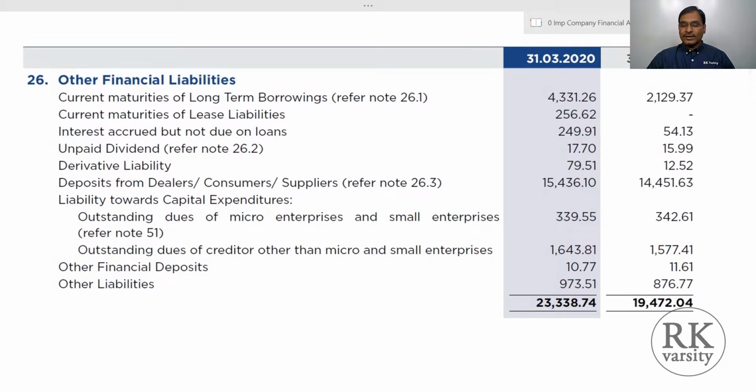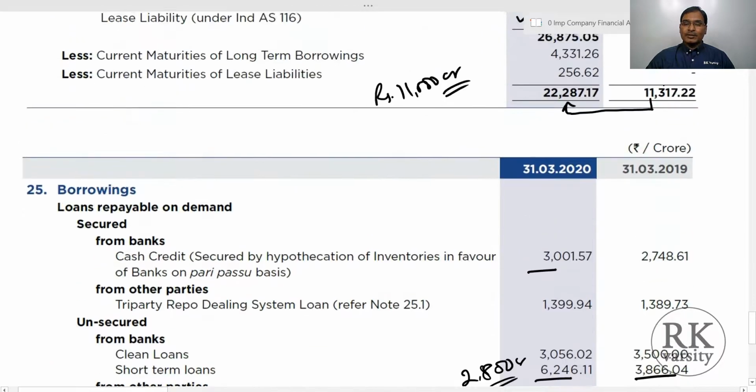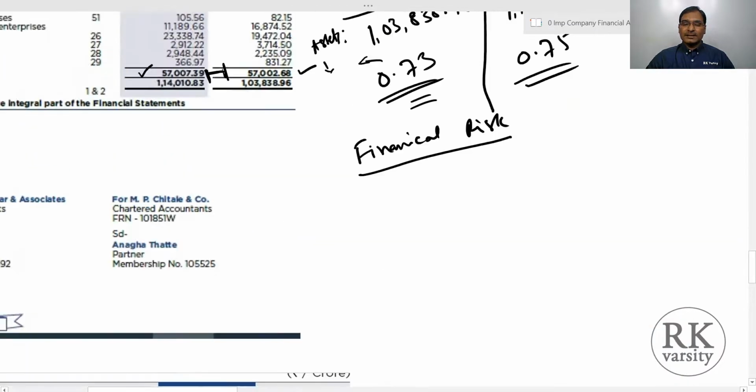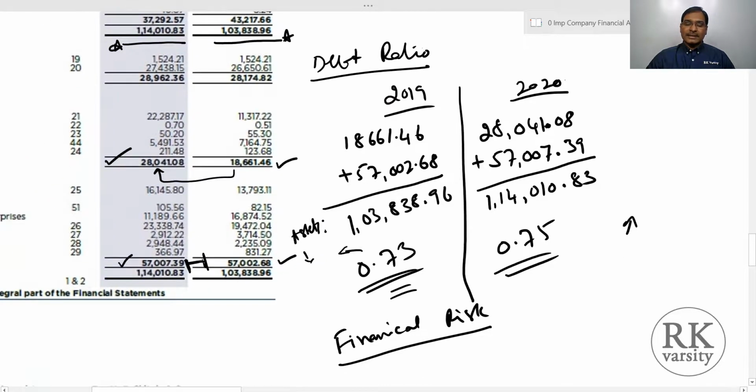So in other financial liabilities also, we see that there is an increase. Because of these reasons, we can say that the debt ratio of Hindustan Petroleum Corporation Limited has increased from 0.3 to 0.75.